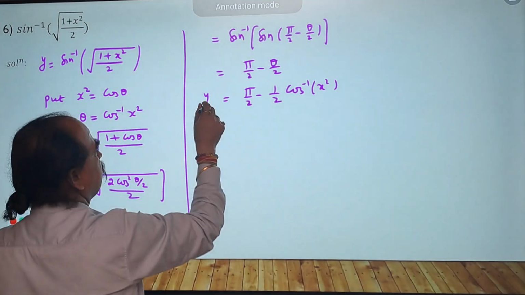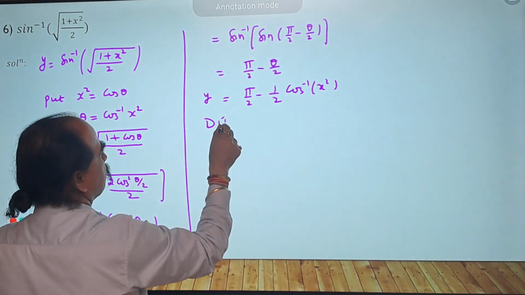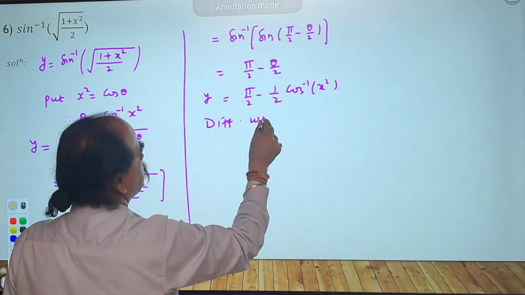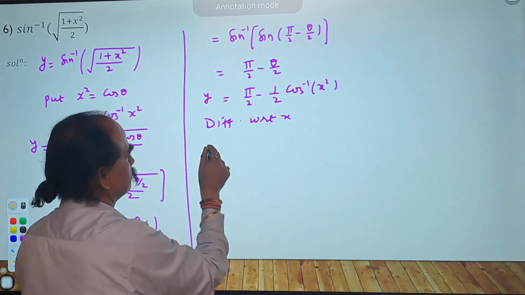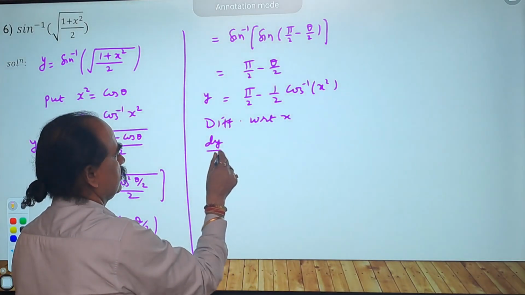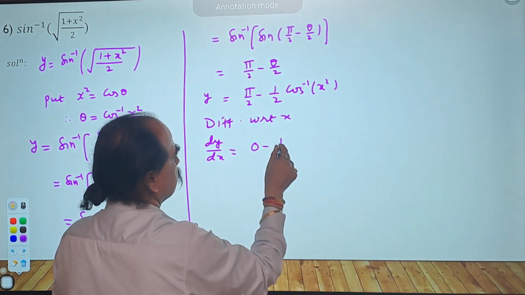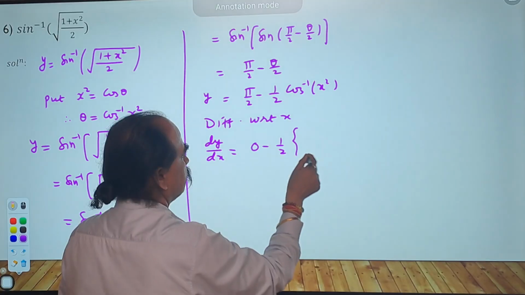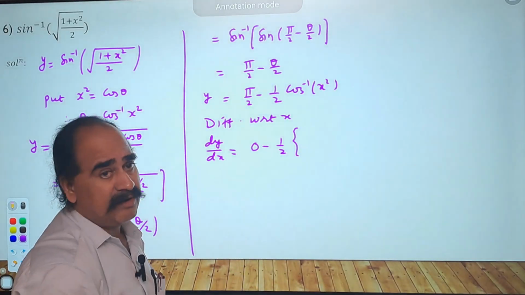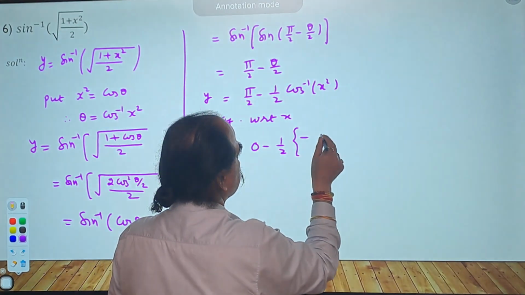So finally this is y, differentiating with respect to x. dy/dx is what? 0 minus half. Derivative of cos inverse is what?